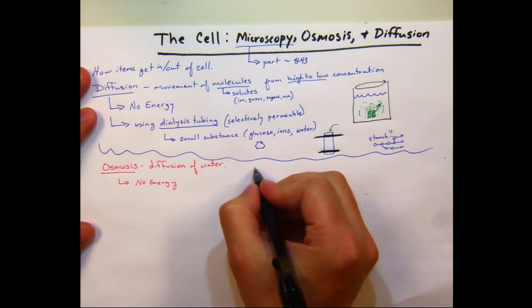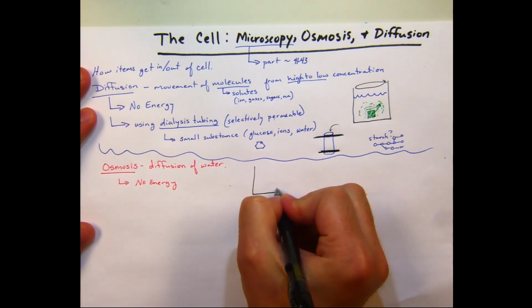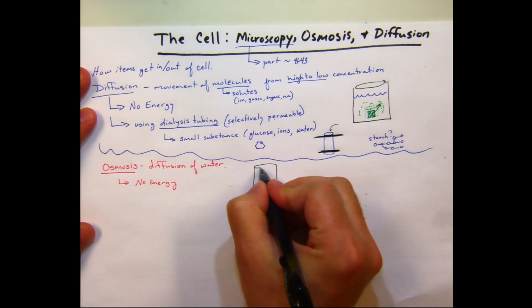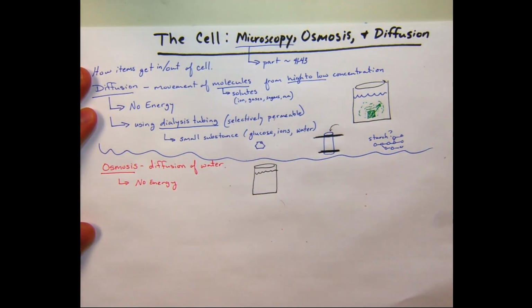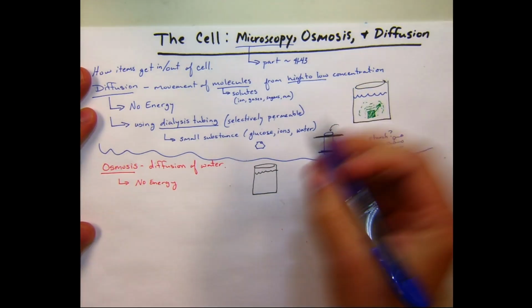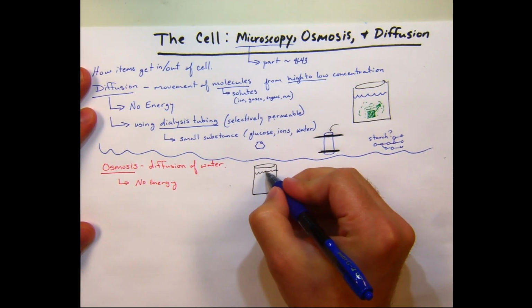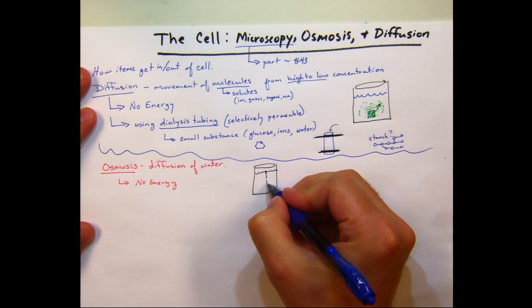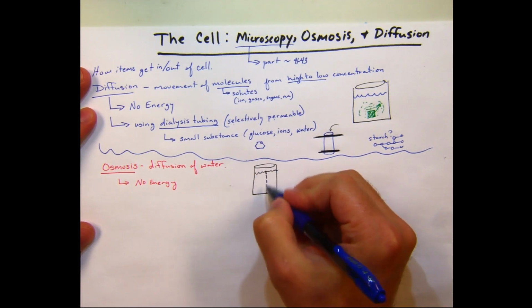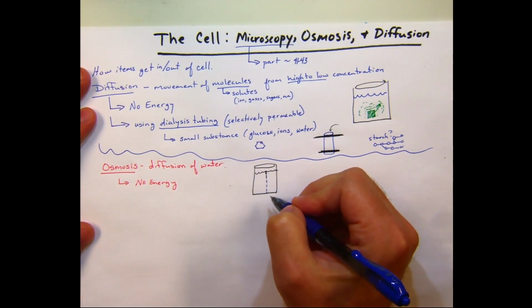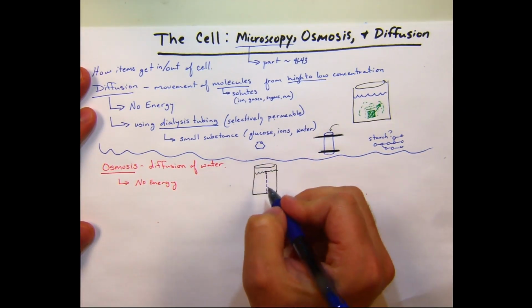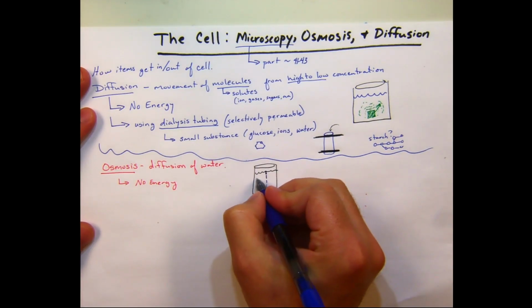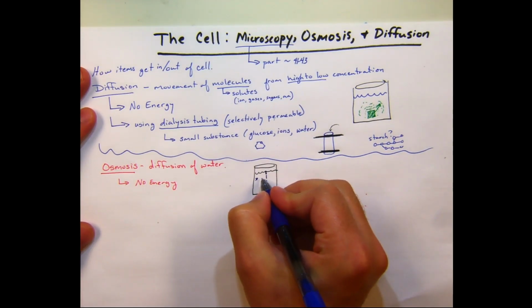For example, here's a beaker with a fluid, and we have some dialysis tubing, some type of semi-permeable membrane here. We have water molecules. Let's see, will water be X?